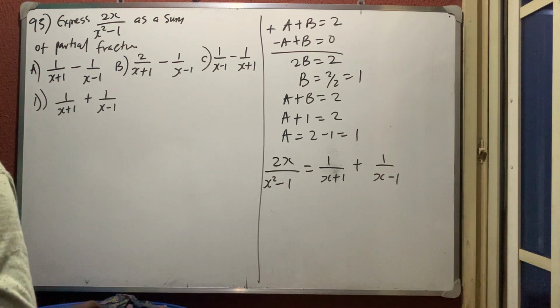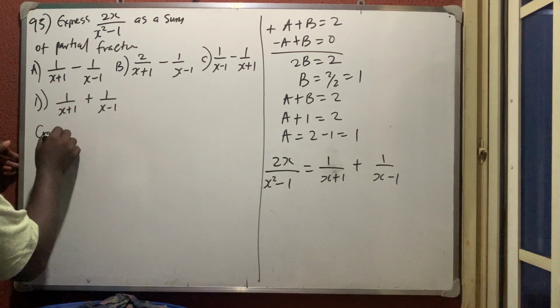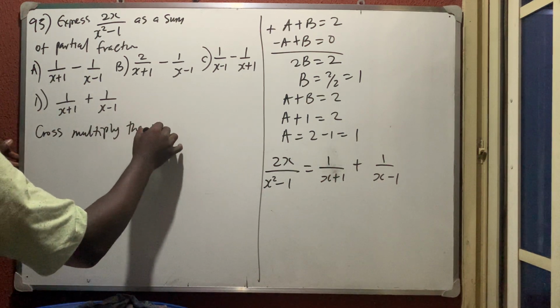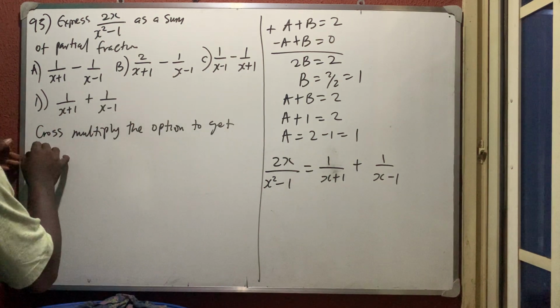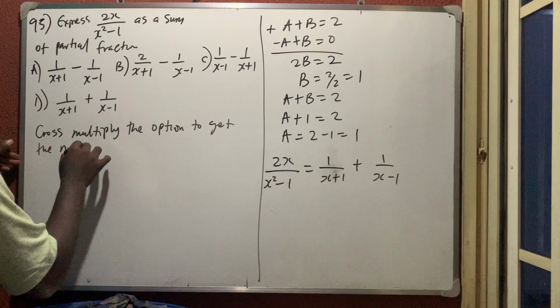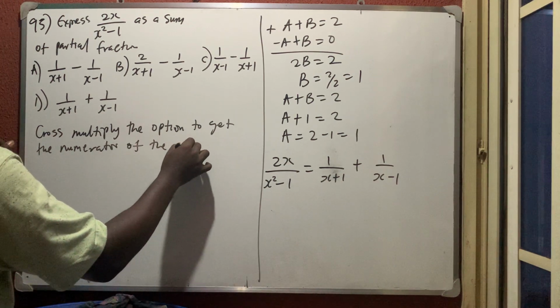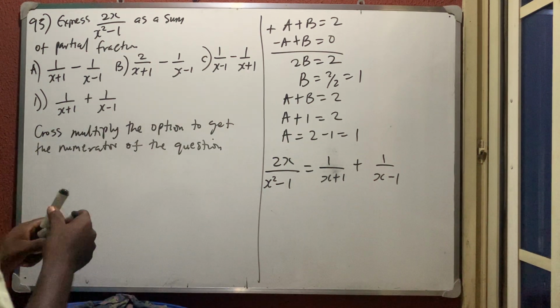Now, what do you do? Just cross multiply the options to get the numerator of the question. As simple as that. So let us do the cross multiply.